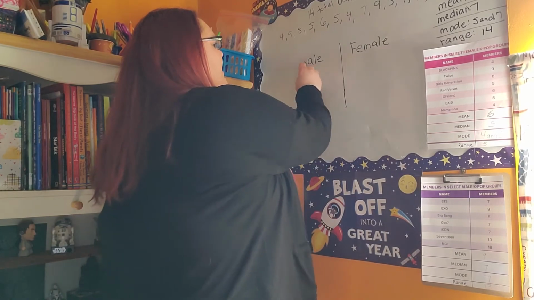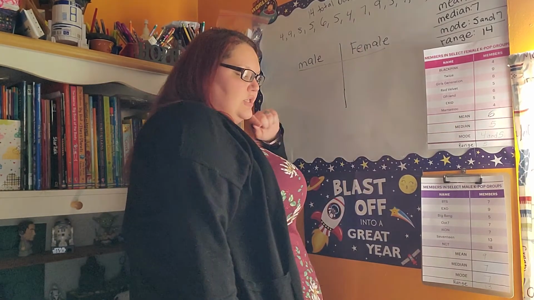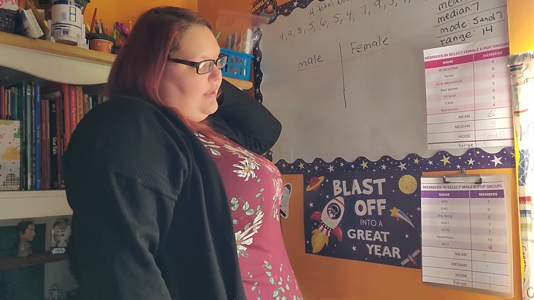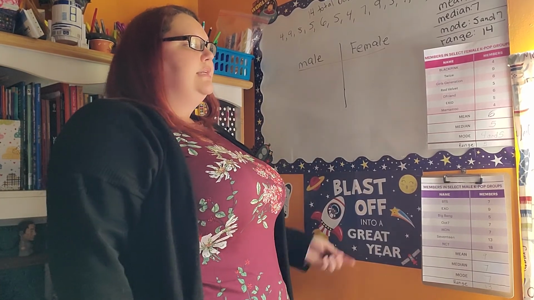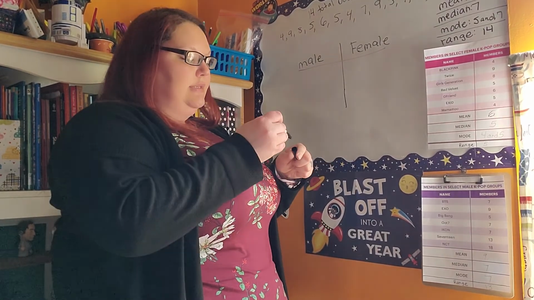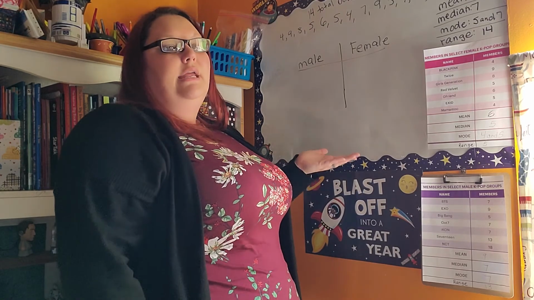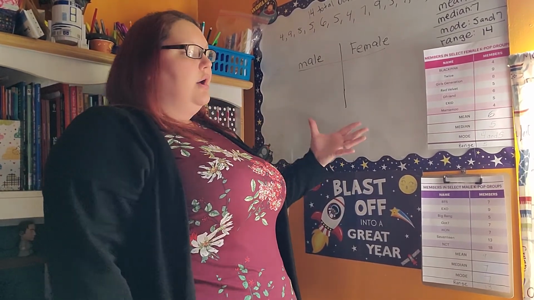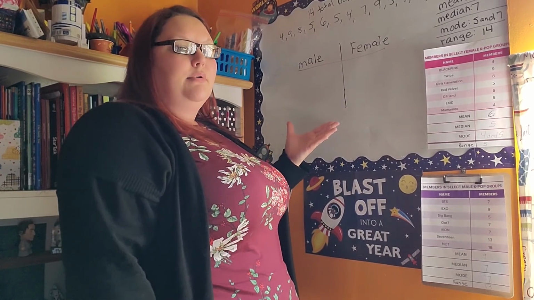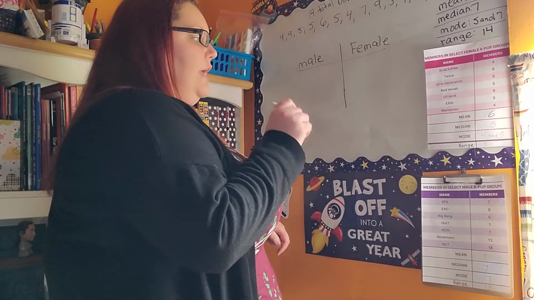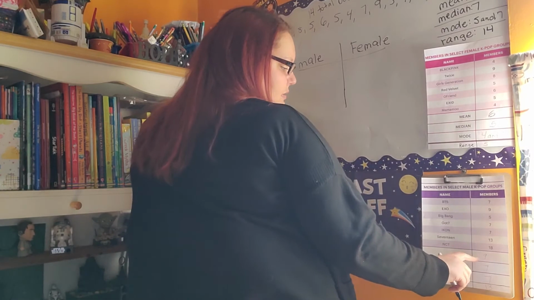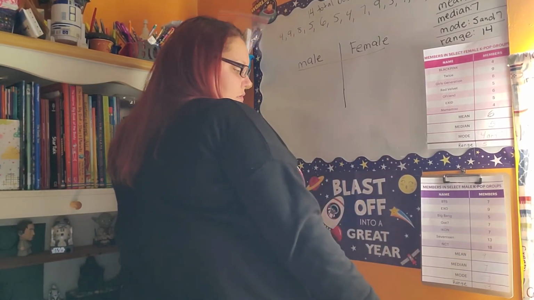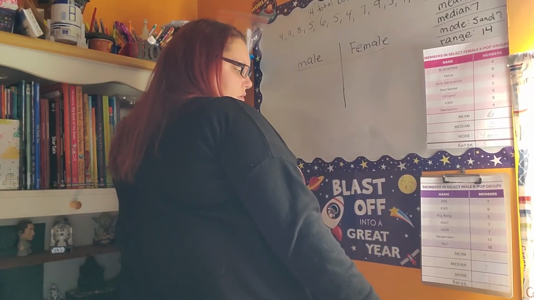Okay, so when we look at the information here, really the best piece of information to look at and use to compare is the mean, right? Because it gives you the true average of how many members the groups have. So what's our average for the guys? 7.